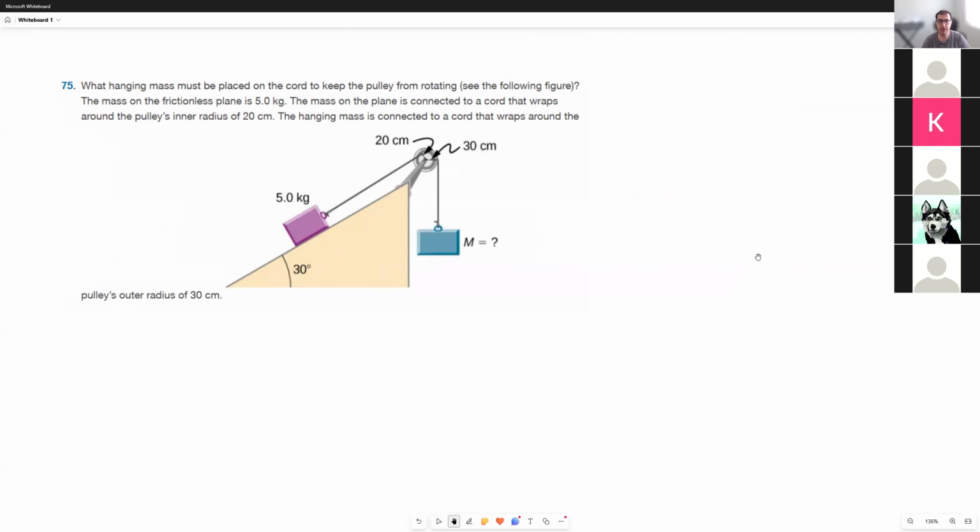What hanging mass must be placed on the cord to keep the pulley from rotating? See the figure below. The mass on the frictionless plane is 5 kilograms, so no friction.